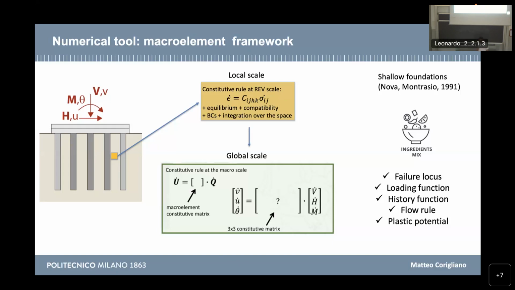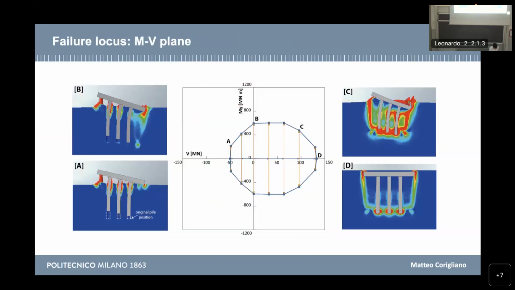We need different ingredients such as the failure locus, the loading function, the hardening rule, and all these ingredients. And I started with this particular geometry to find the ingredients for the macro element.